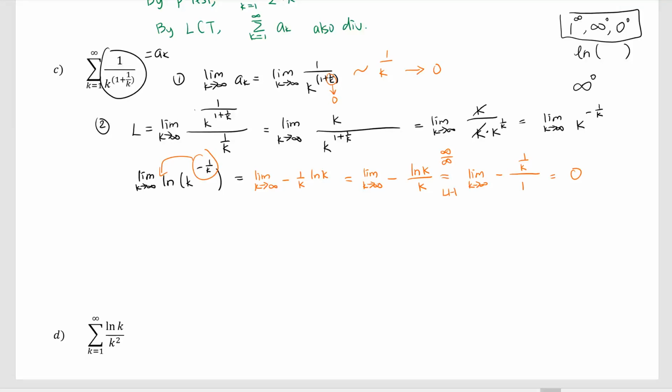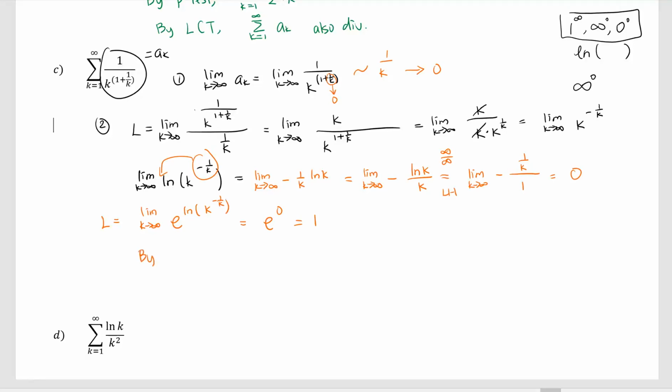So our L is the limit as k goes to infinity of e to the ln of k to the minus 1 over k, and we just calculated that the ln of k to the minus 1 over k is 0. So e to the 0 is 1. If L is 1, what do we say? As long as it's a finite number, not 0, the two series either both converge or both diverge.